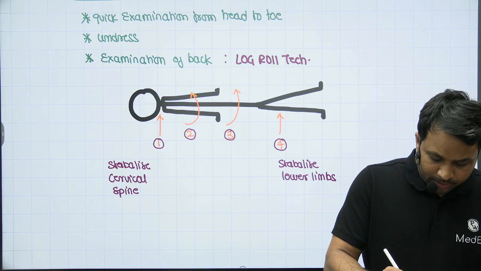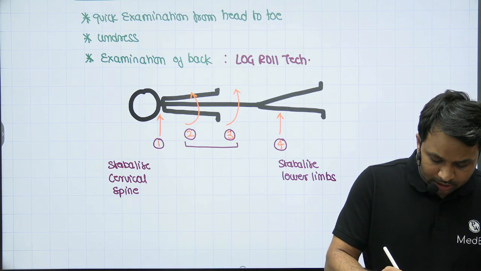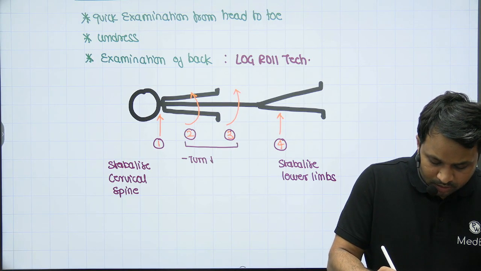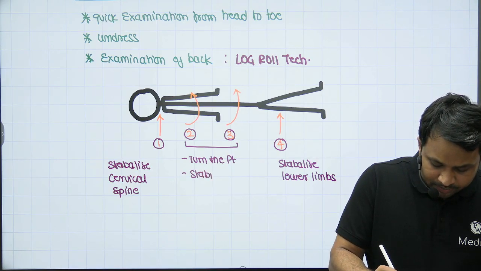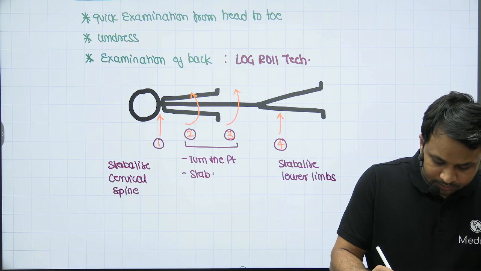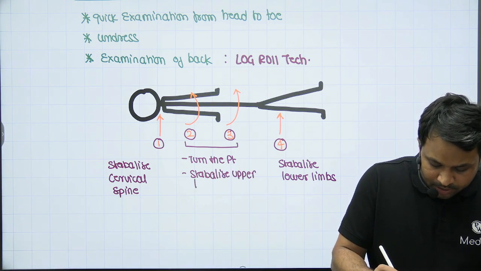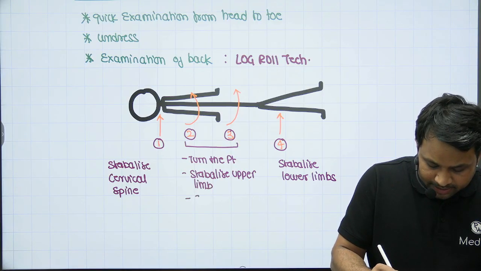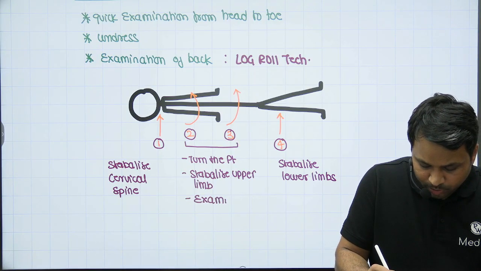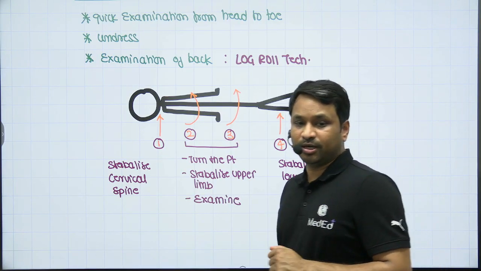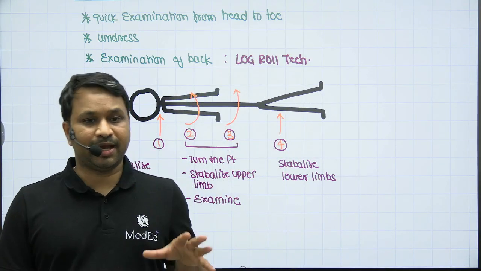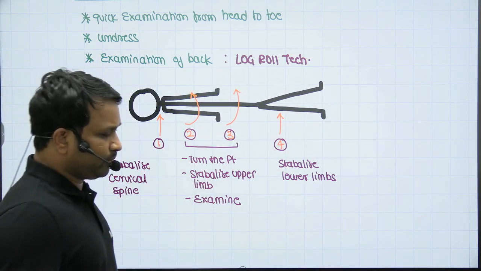The other two people that you have are to turn the patient around, stabilize the upper limb, and examine. For this, you require the other two people. So the total number of people required for a log roll technique as of today is going to be 4.